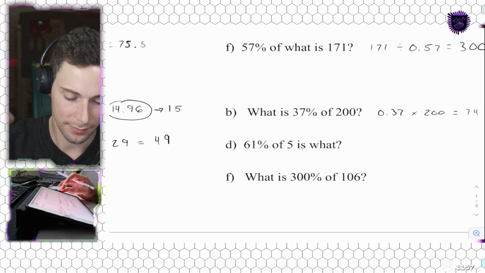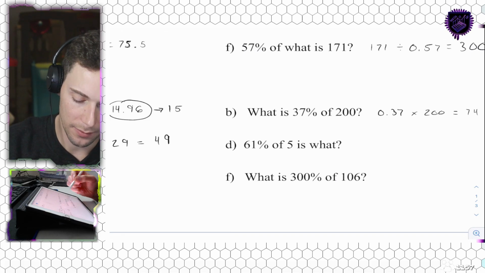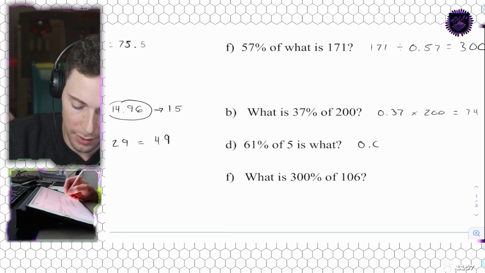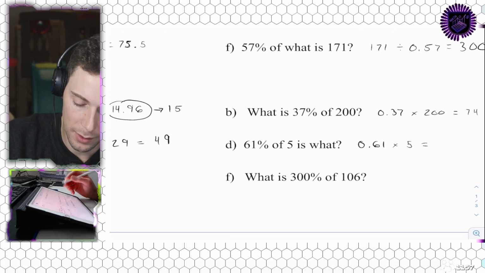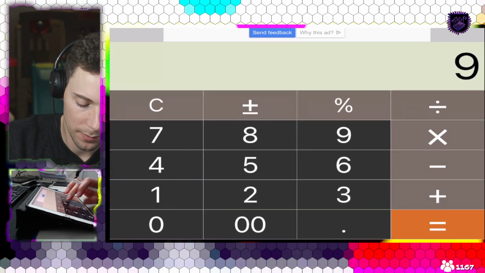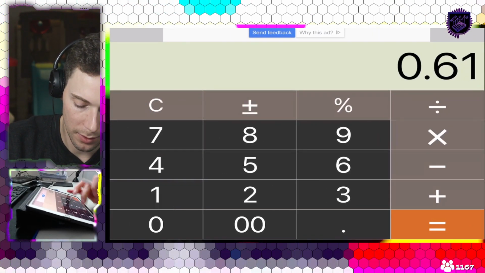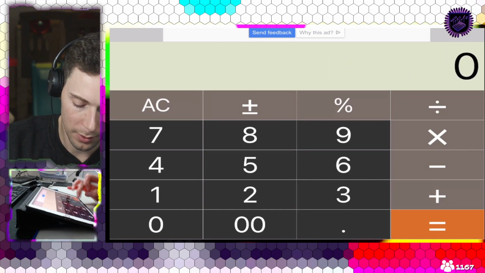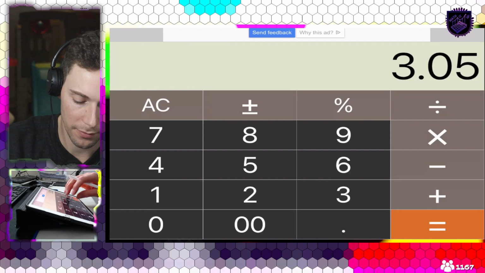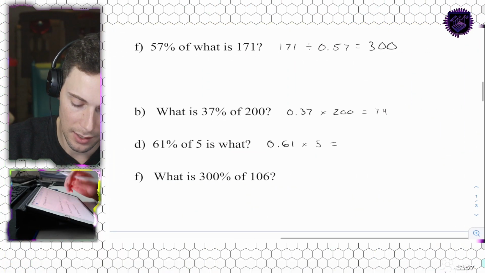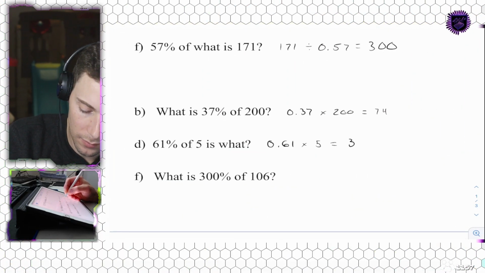All right. 0.61 times 5 equals 3.05. Round that down to 3.